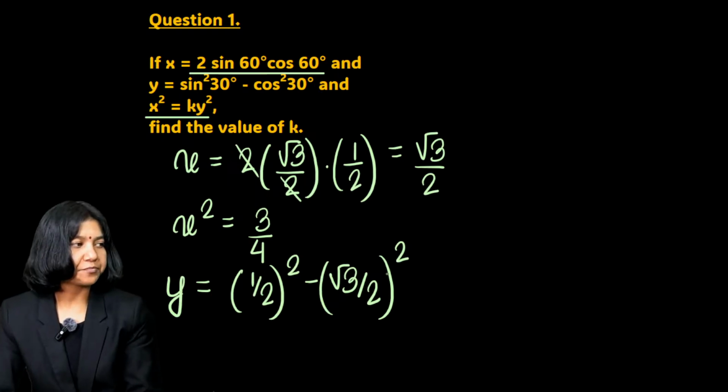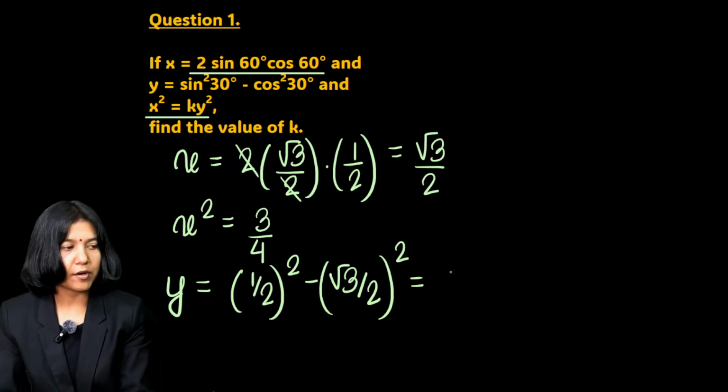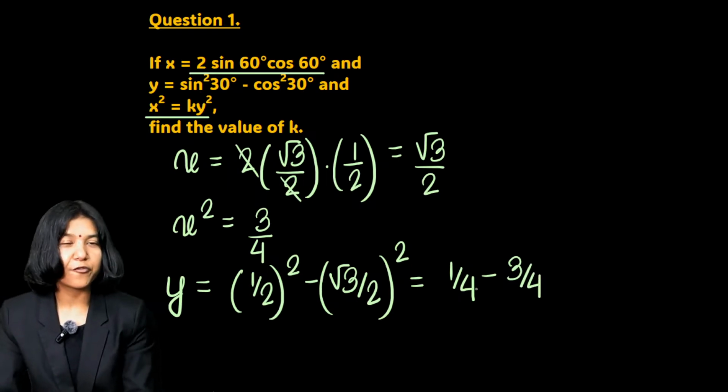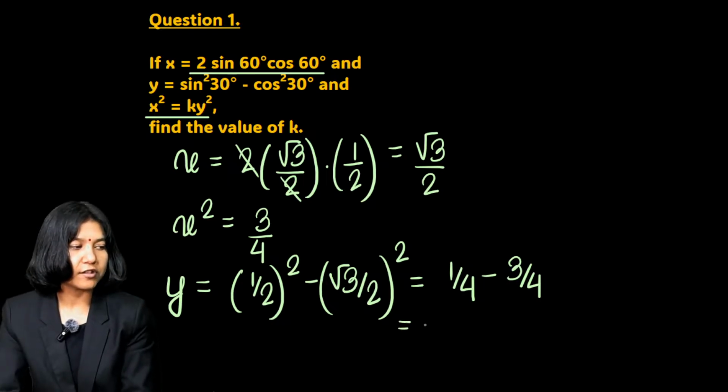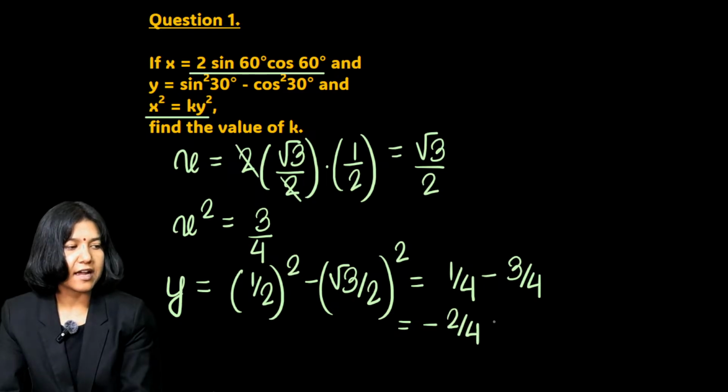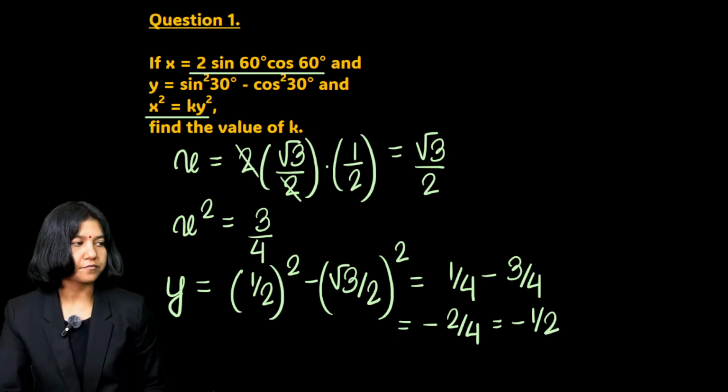And now this is the value of y. Please simplify. Half squared is 1/4, minus the square of root 3, which is 3, and the square of 2 is 4. 1/4 minus 3/4, you are subtracting a bigger value, therefore the answer has to be negative, negative 2/4, otherwise written as negative half.